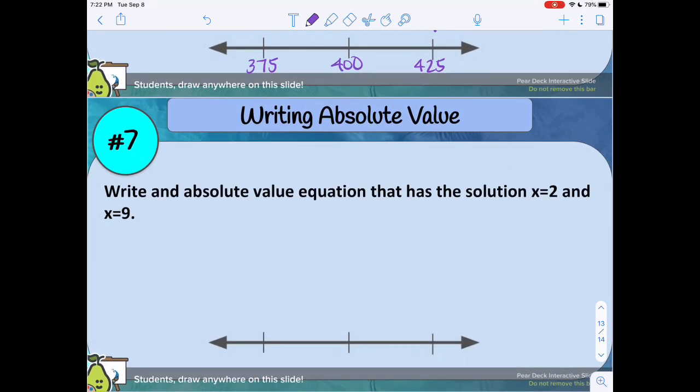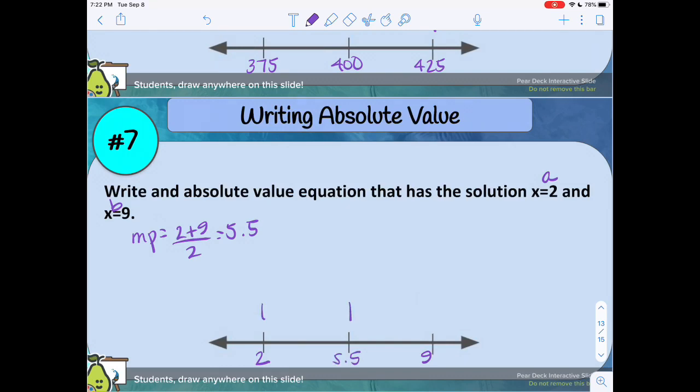If that's the case, we're going to do the same exact thing. We're going to identify our smallest point and our largest point. So this is my A and my B. We're going to calculate a midpoint halfway in between those two points, which would be 5.5. That is our midpoint.